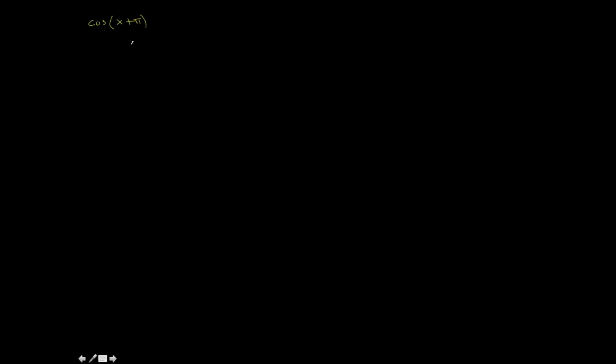Well, obviously this is addition, so if you look at your sum identities, we have a cosine of x plus y identity, which is cosine x cosine y minus sine x sine y.